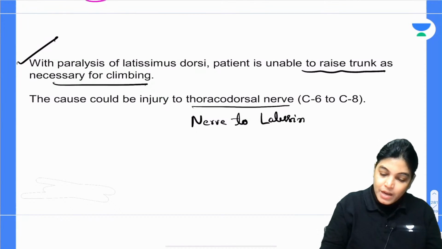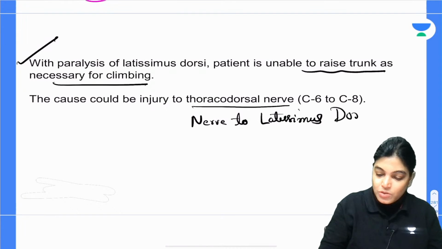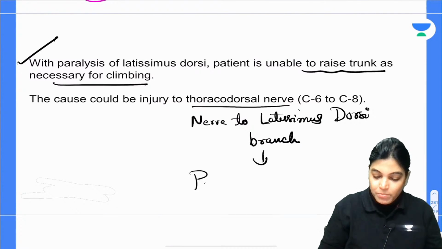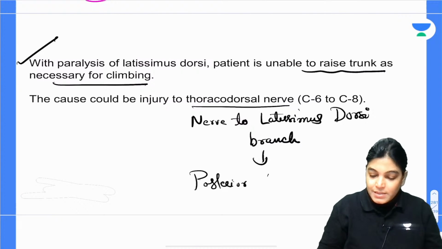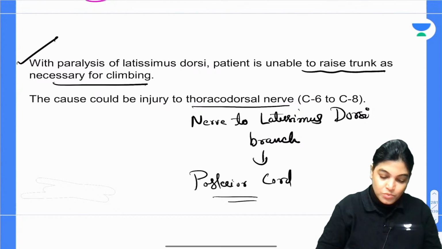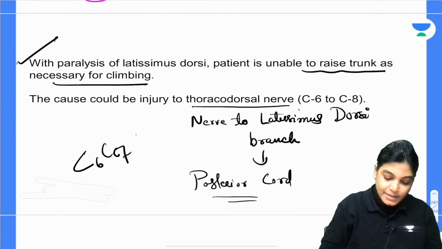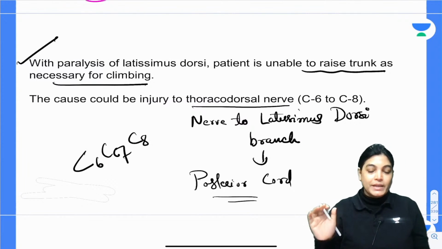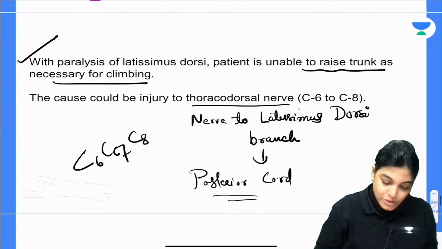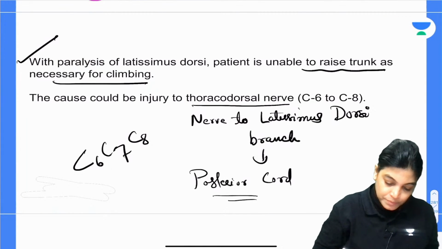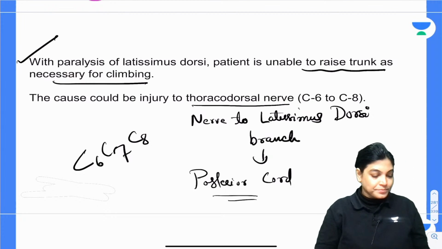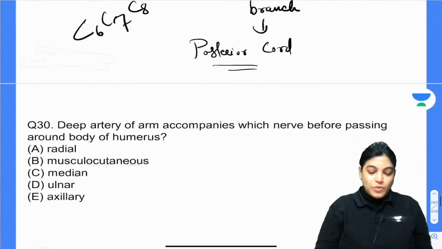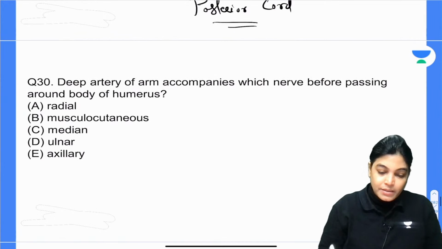And if you remember, I told you the nerve to latissimus dorsi is a branch of the posterior cord of the brachial plexus, and its root value will be C6, C7 and C8. Is it okay? Are you understanding? Any doubt, my dear aspirants, you are free to ask me. Please let me know. Got it? So let's move on to the next, that is question number 30.